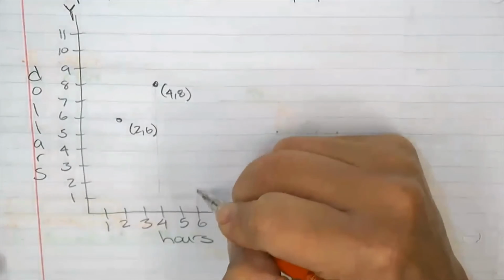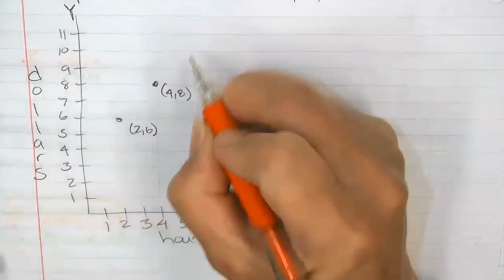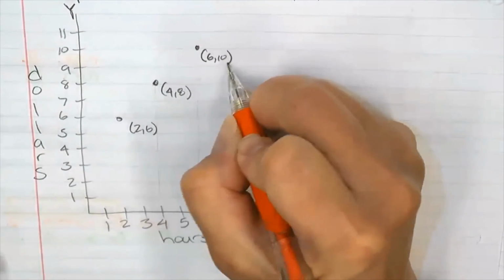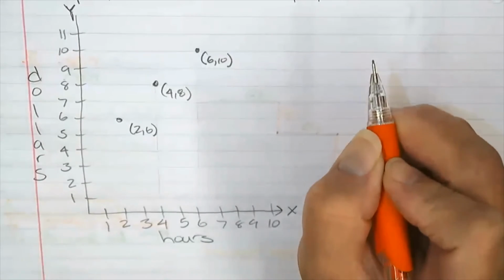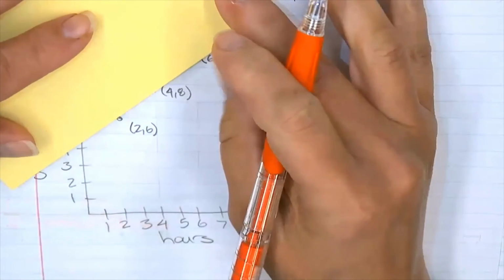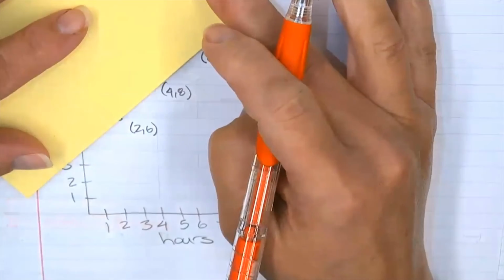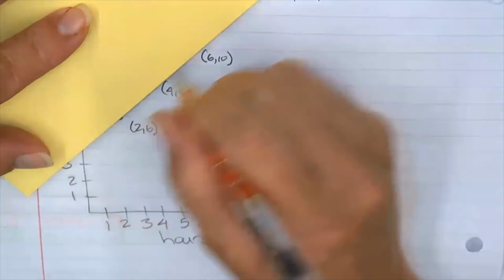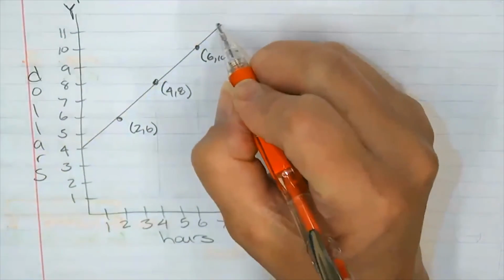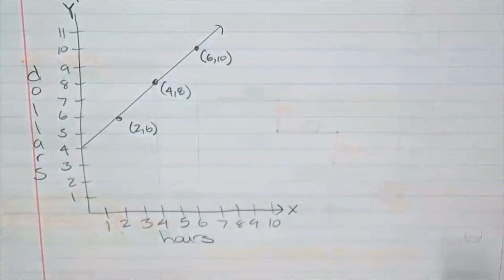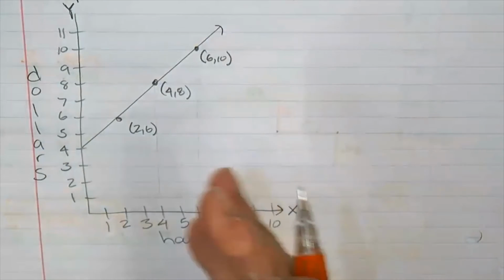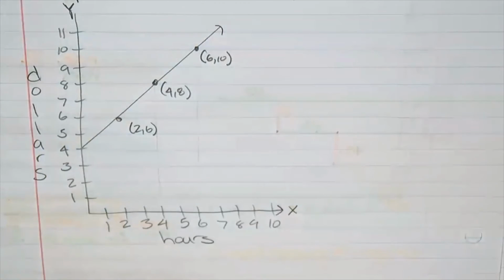And we have 6, 10. And I'm going to use a straight edge to connect my points. They are points, not dots. And there's nothing new here. You guys already know how to graph your points.